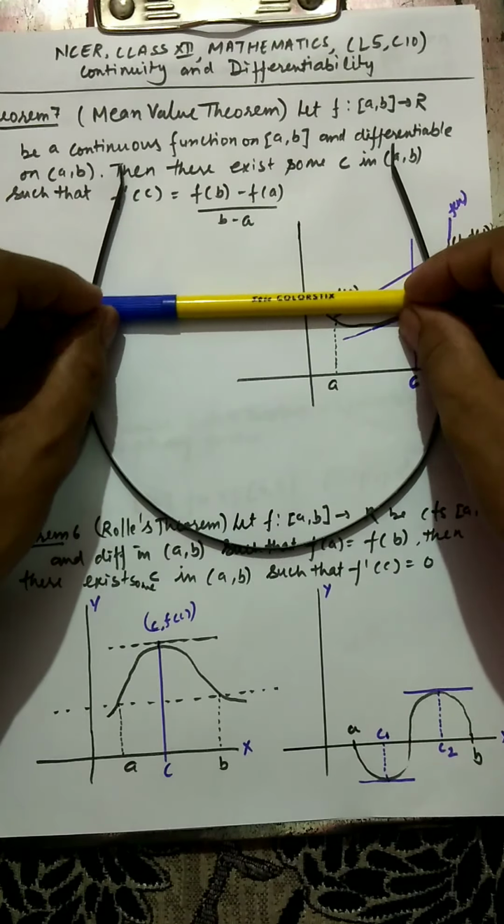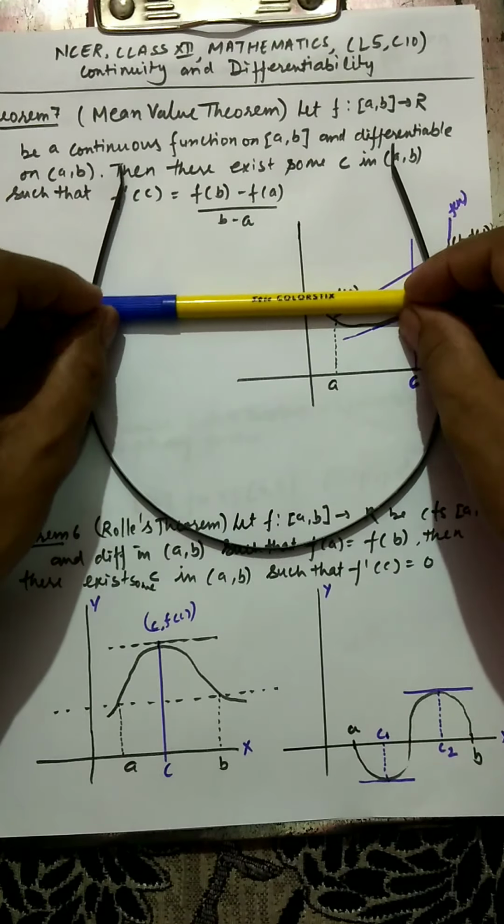So ultimately f'(c) is going to be equal to 0. That is the result in Rolle's theorem, such that f(a) = f(b): this is the situation, this is your f(b), and this is your f(a).